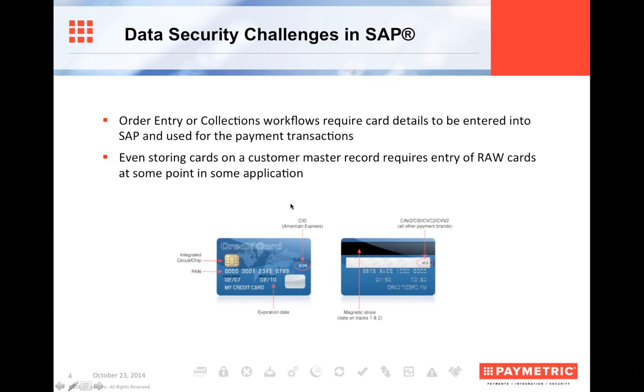The graphic we show here does show the front and back of a simulated card. In particular, this one would be an American Express because it has the security code on the front. We also want to highlight that we're seeing, and will continue to see, the trend of a move to chip and PIN type cards. The magnetic stripe on the back will become less and less used as the years go on.